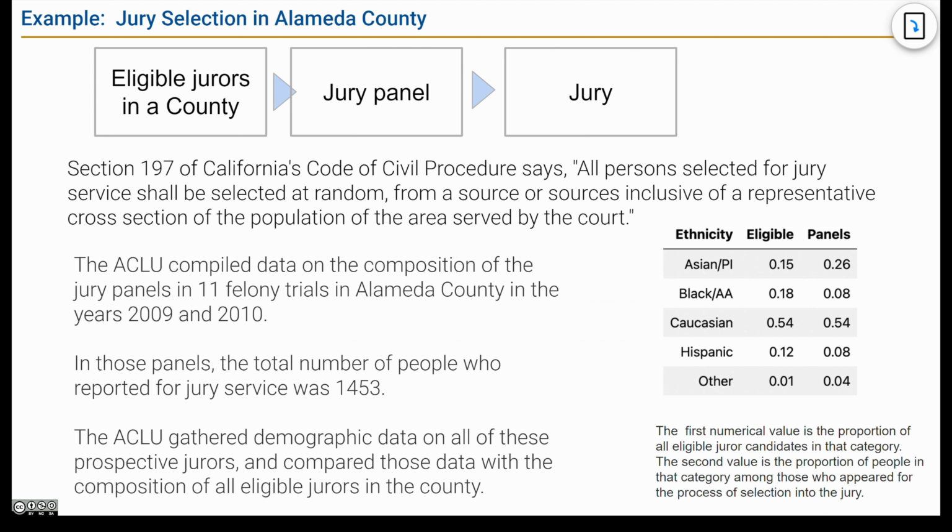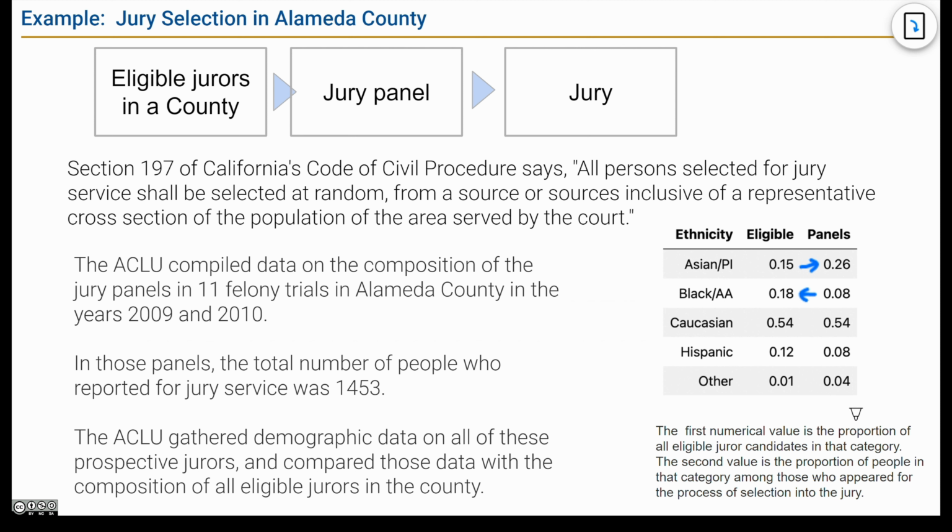And so here's the data they compiled, and these are proportions of both eligible juror candidates and the actual proportions of the panel members that identified with these different ethnicities. We can see that the eligible versus what actually showed up was different. In certain cases it was higher, in certain cases it was lower.